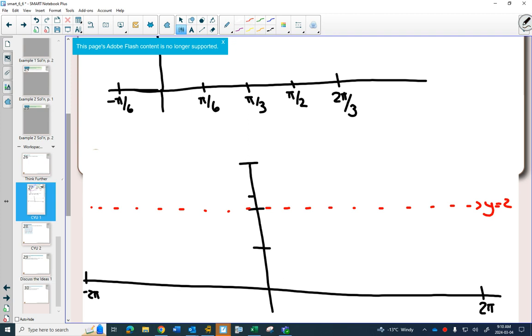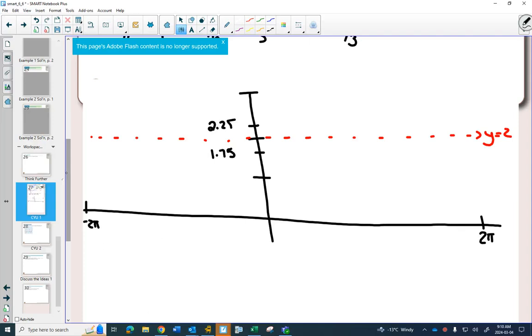My maximum is still at 2.25, and my minimum at 1.75. And I'm first going to transfer the graph that we did above onto this graph. Now, when we did the graph above, the period was 2 pi over 3. So we first have to figure out where 2 pi over 3 will be on this graph.